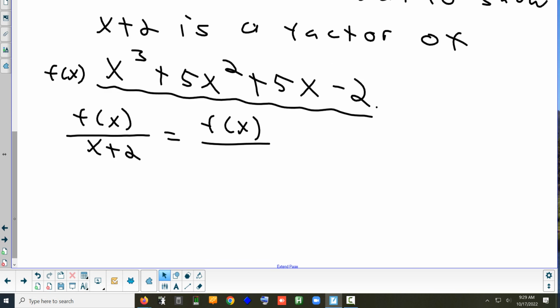X minus negative 2. And it's this that you're going to plug into the top. It's always the number after the minus. Any question why we're plugging negative 2 into the top?